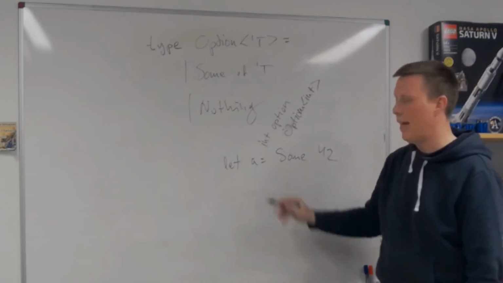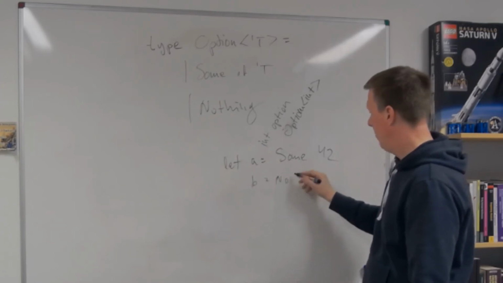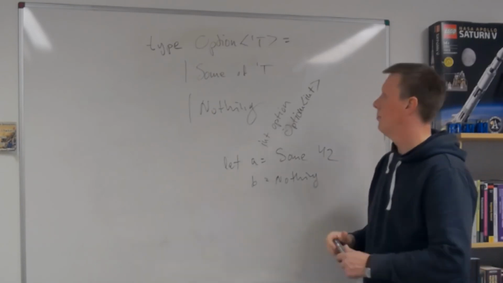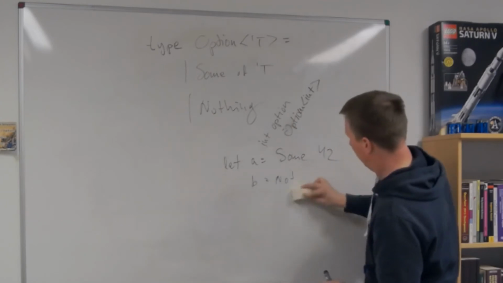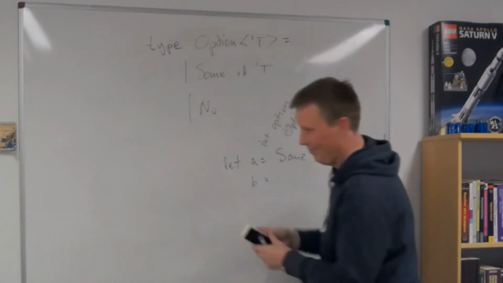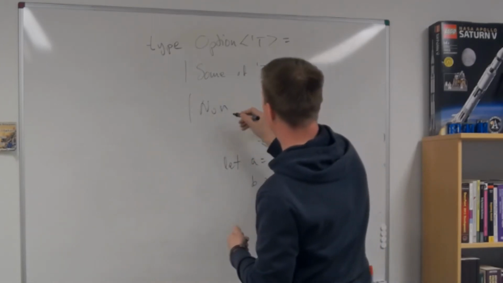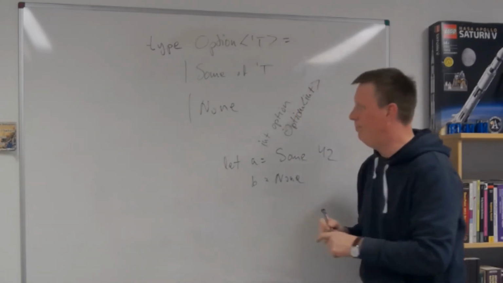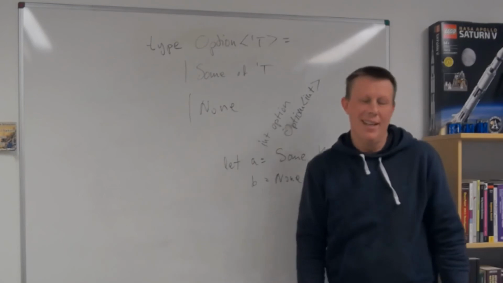This is the type of A. I could also create a B, which could be nothing. Oh, sorry, this is Haskell. None. I'm getting languages mixed up. Okay, none. In Haskell, this thing is called maybe, and sum is called just.